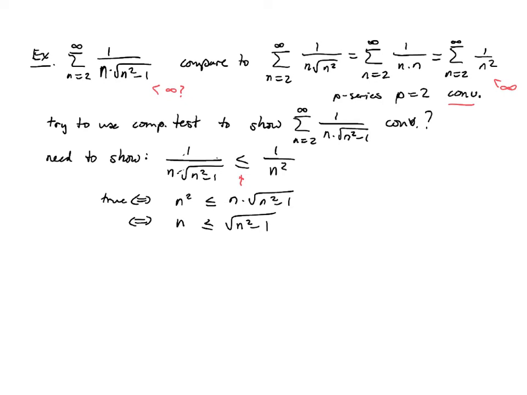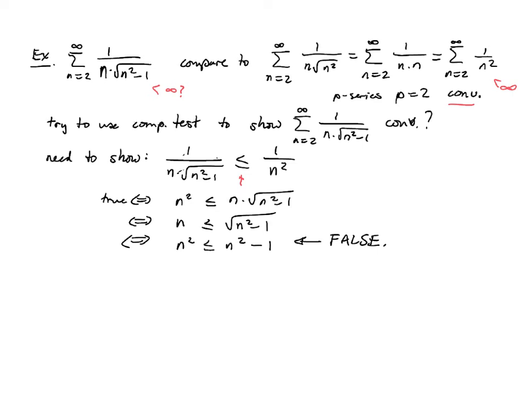And since all these bits are positive numbers, I can square both sides, and that's if and only if n squared is less than or equal to n squared minus 1. Problem is that, like in the previous example, this here is false. Right? A number squared minus 1 is less than the number squared, not greater than or equal to.